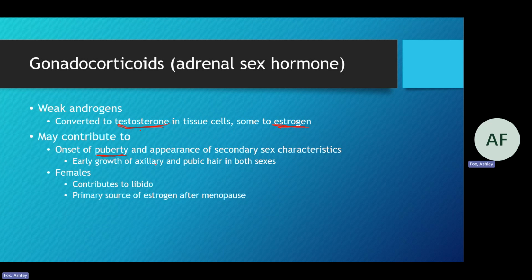We can also see early hair growth in the armpits or axillary region, as well as pubic hair. In females, we know it increases or contributes to libido. And once the ovaries are no longer producing follicles and producing estrogen because they run out of eggs, then it's actually the source of estrogen after menopause.